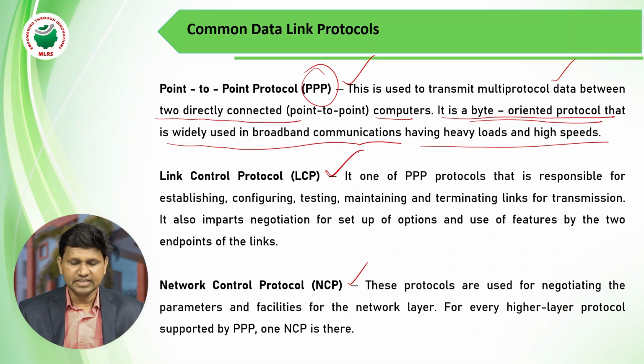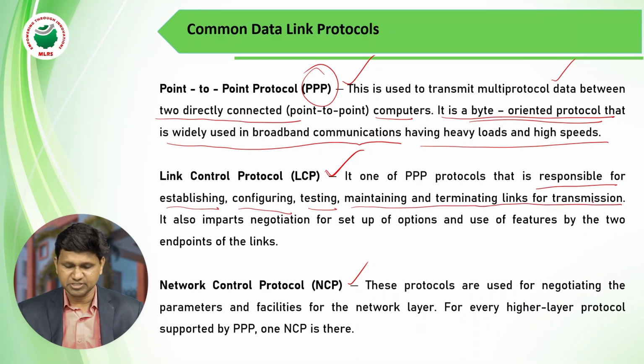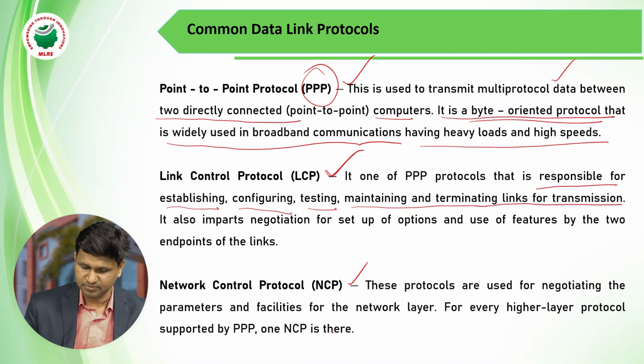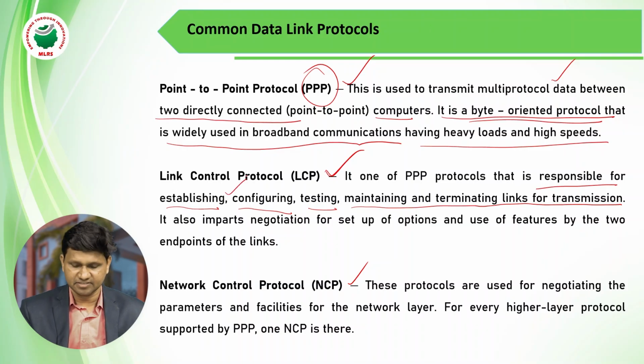Next one is the link control protocol, LCP. It is one of the PPP protocols, responsible for establishing, configuring, testing, maintaining and terminating links for transmission purposes. Suppose I have two point to point networks in that connection.